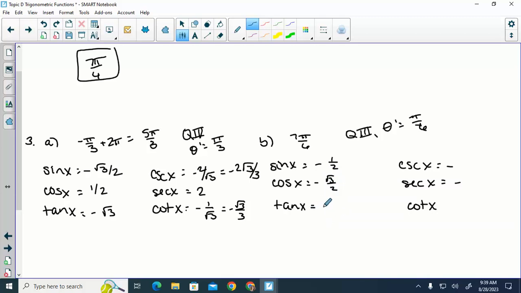Tangent, radical 1 over radical 3, which turns into radical 3 over 3. So reciprocals, cosecant would be a negative 2. Cosine, negative 2, radical 3 over 3. Cotangent, radical 3. Any questions on those?